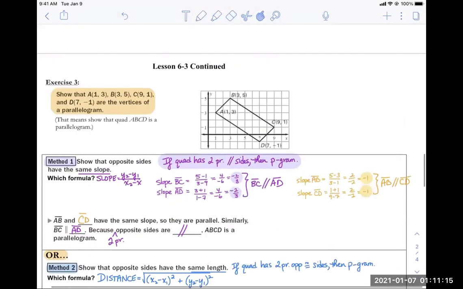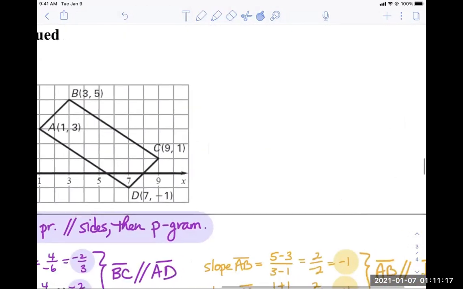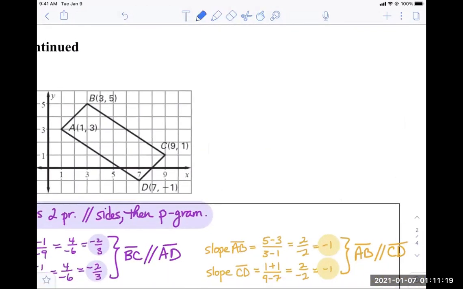All right, I'm going to come up here and do distance again. This will be a good time. 4 distances. AB is the square root of 3 minus 1 squared plus 5 minus 3 squared. Again, I'm doing x2 minus x1 and then y2 minus y1.